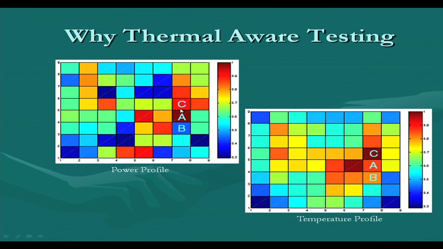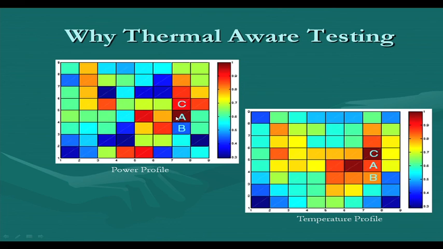Now, if a block is surrounded by some hotter blocks, then naturally it is expected that it will not be able to remove its heat easily. As a result, its temperature will be higher than a block that is surrounded by blocks whose temperatures are not that high. That block will be able to transfer a good amount of its heat to its neighbors, and as a result it will not be that much heated.